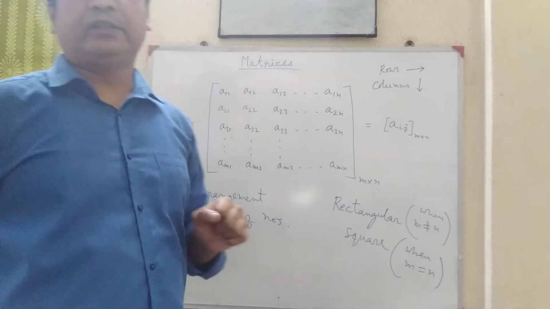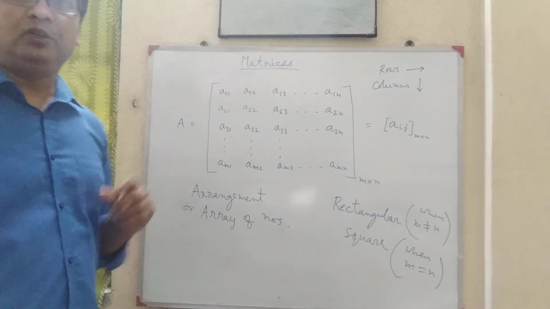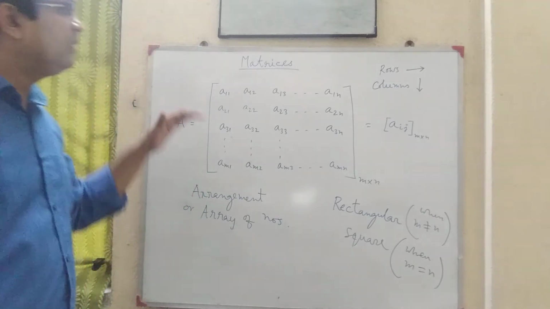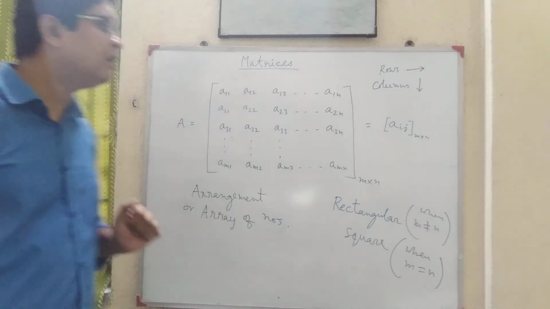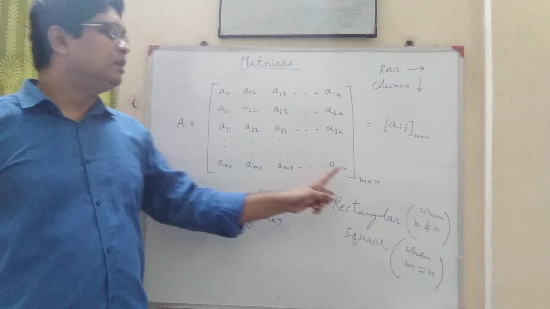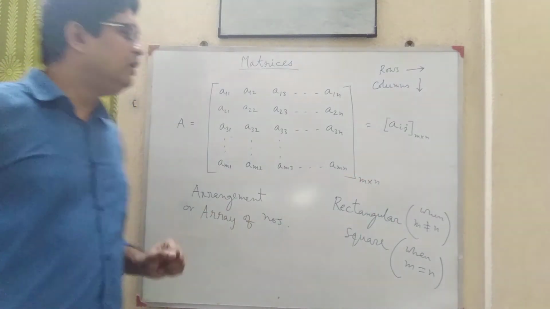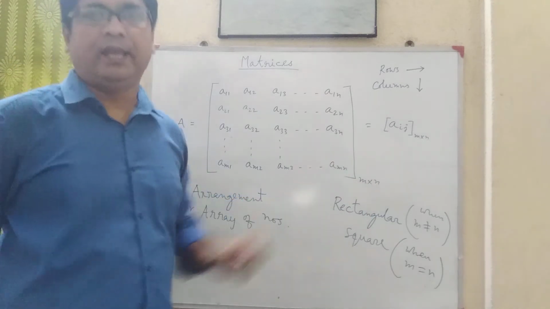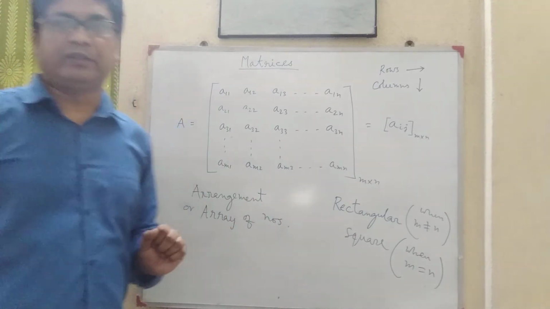So a matrix is a representation of m into n number of elements in m rows and n columns, where this m into n, actually we say m by n here, this is called the order of the matrix.